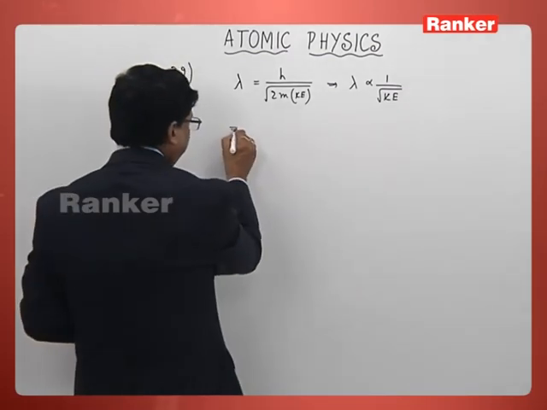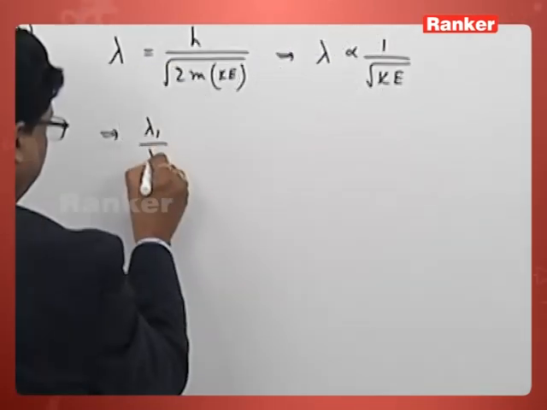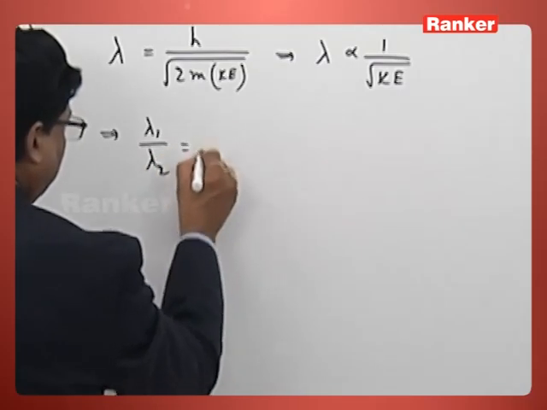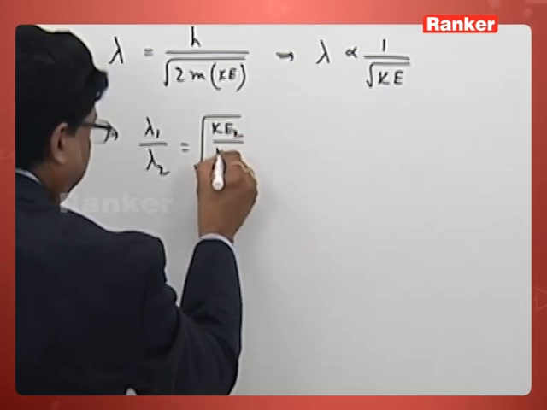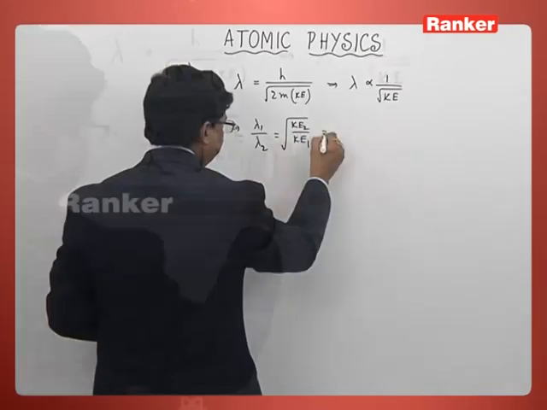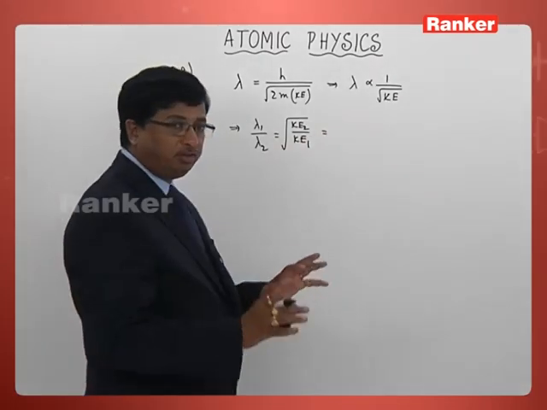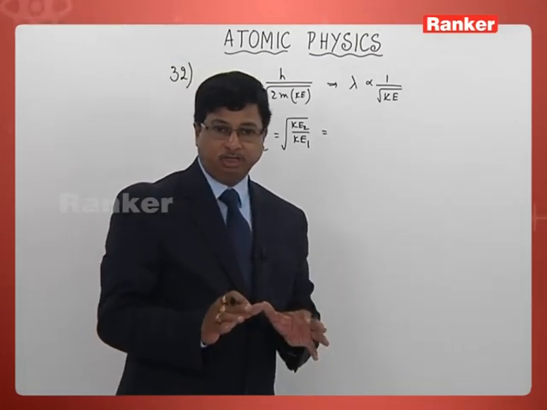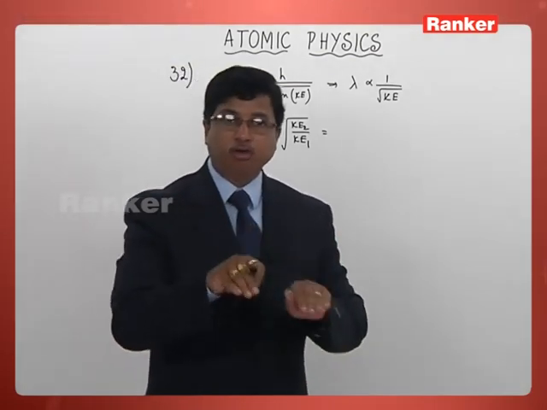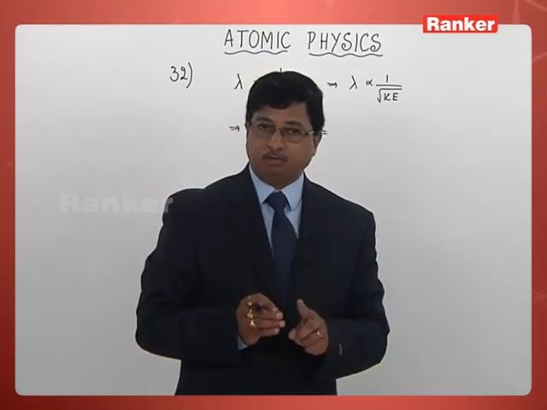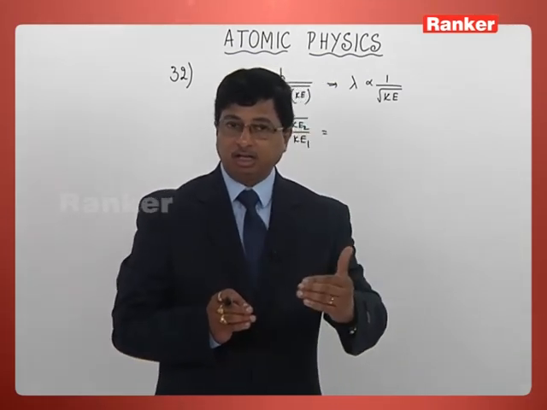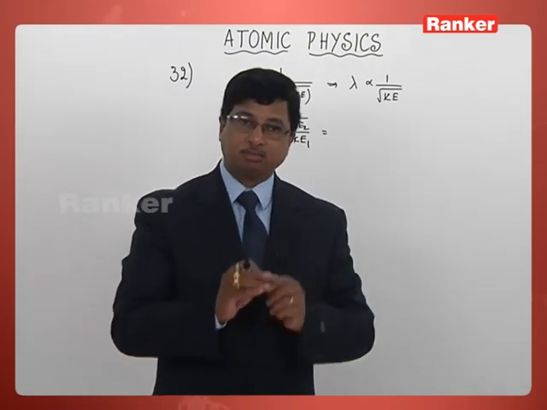Now I can rewrite the same equation as lambda 1 by lambda 2 is equal to root under Ke2 by Ke1. What is the kinetic energy now? It is reduced to 1/4, not by 1/4. Suppose it is reduced by 1/4, it means the remaining kinetic energy becomes 3/4.